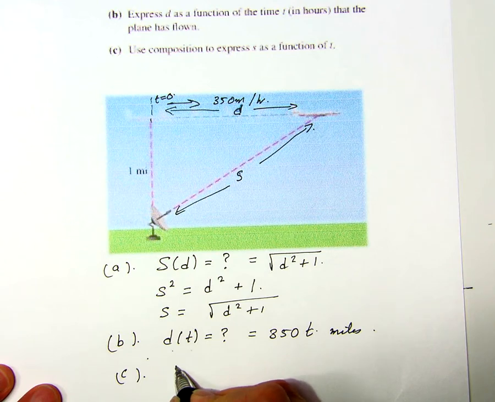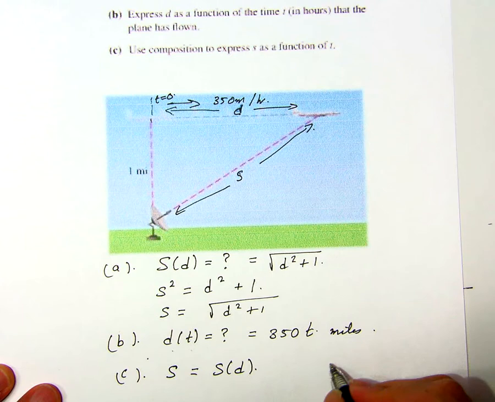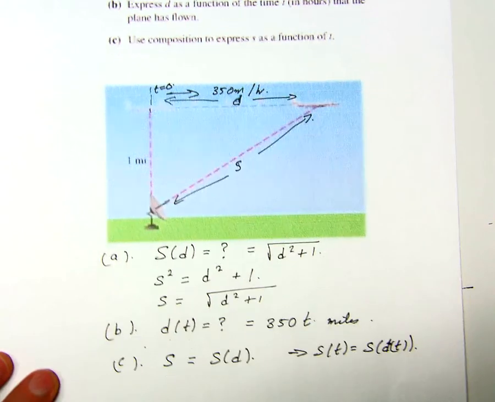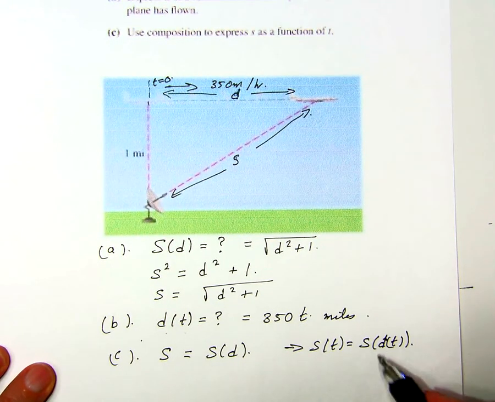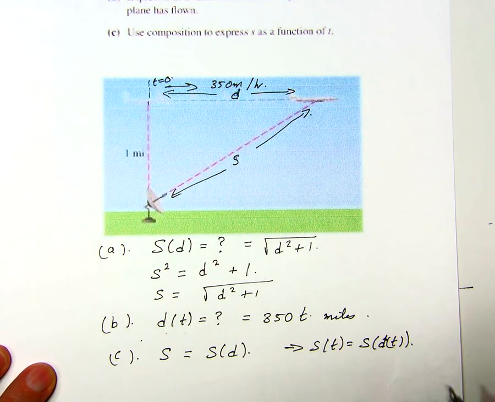Well, s is s of d, and so s as a function of t is equal to s composed with d of t. In other words, we're just going to substitute the formula for d in terms of time for d in the formula for s. And that's exactly how composition of functions works.